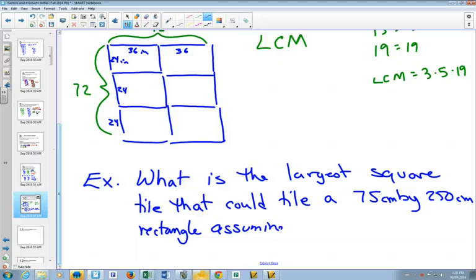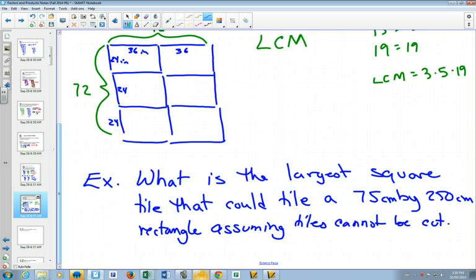Assuming tiles cannot be cut. Because if you could cut a tile, then you would just start with your big 250 centimeter tile and plop it down, and you'd be done. It would only take one tile and you'd cut it, it would be perfect.